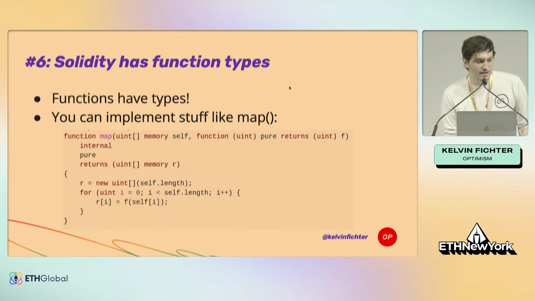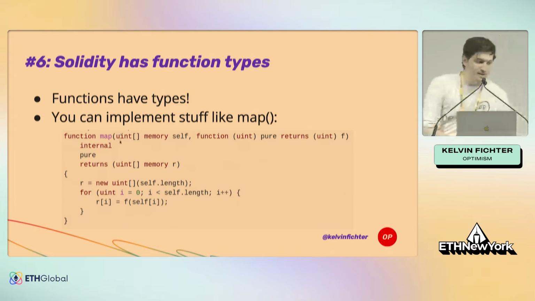Let's say you want to define a map function, and it takes an array of uints as the first parameter, and it takes a function that takes a uint and returns a uint. What map is going to do here is create a results array and loop over the input array, applying the function to each input value to generate the outputs.